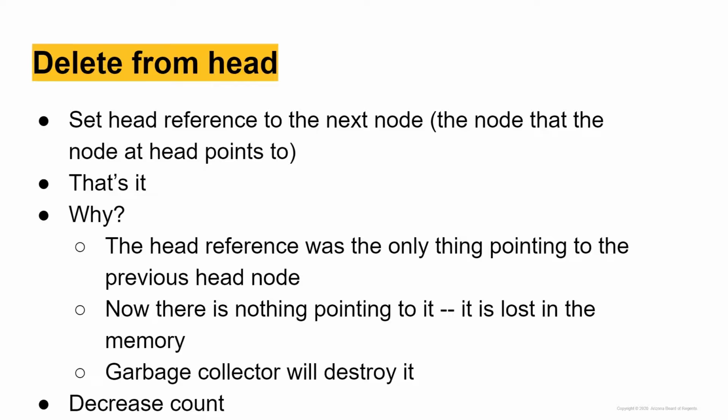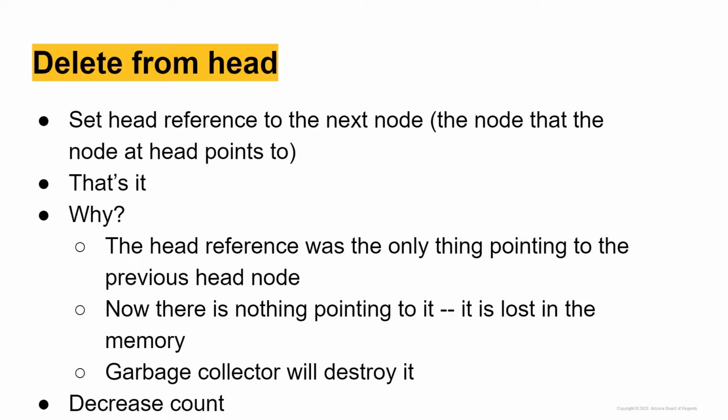It's going to get destroyed. That's a handy use of the Java garbage collector. You can't necessarily do this in other languages like C++, where you have to delete your own memory. But we don't need to worry about that right now because this presentation is about Java. And then once we've done that, we decrease the count.